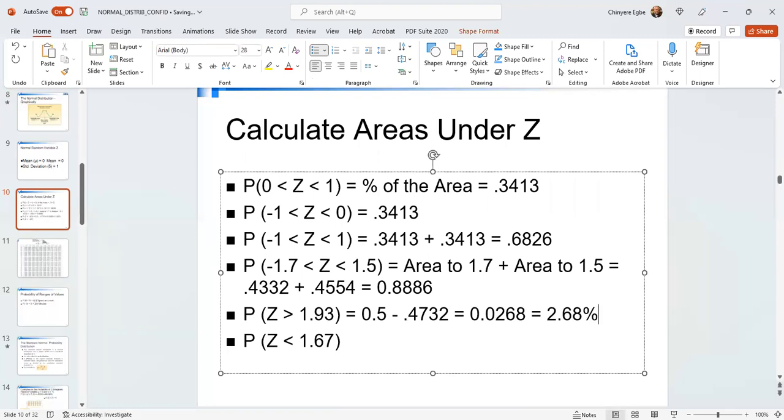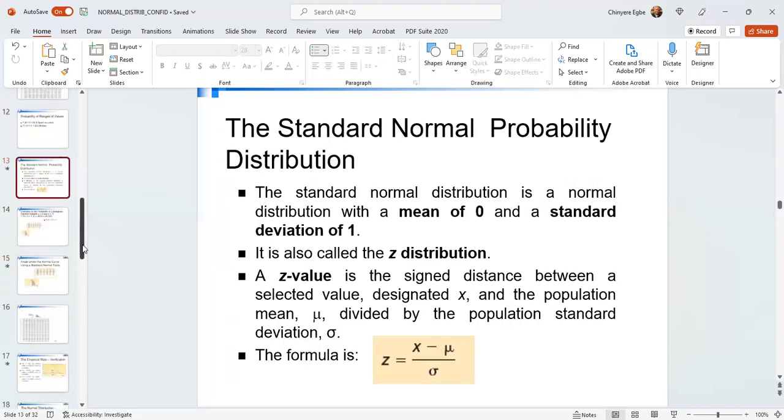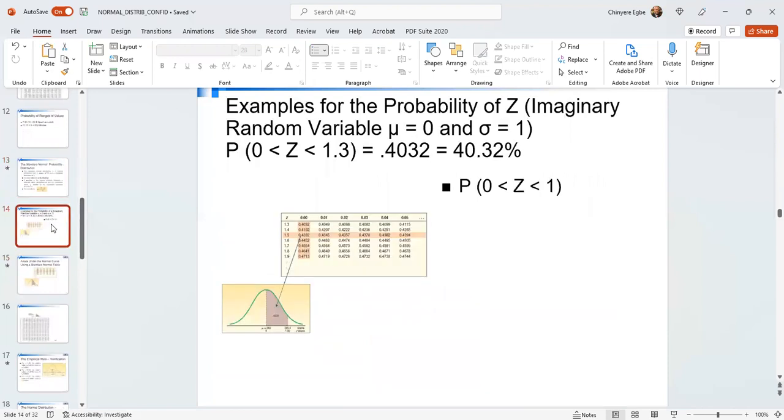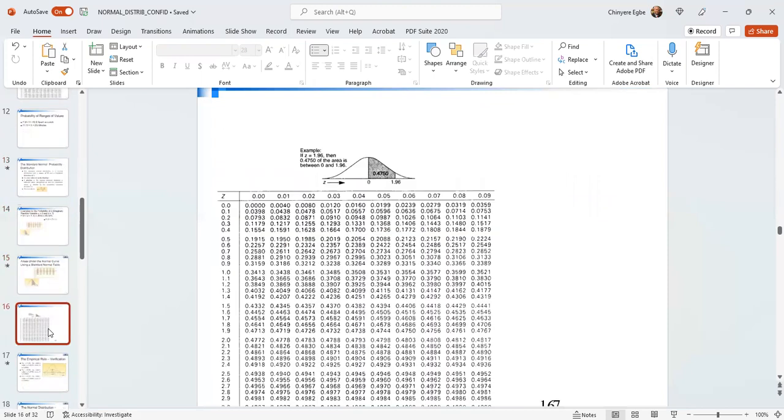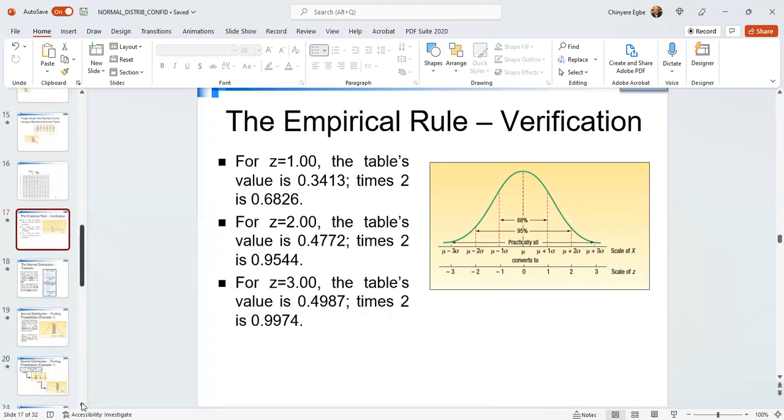Now, we're going to apply this concept to simple estimation problems. Okay. So now we've already covered that. That's the table we used. These are the things we already covered.